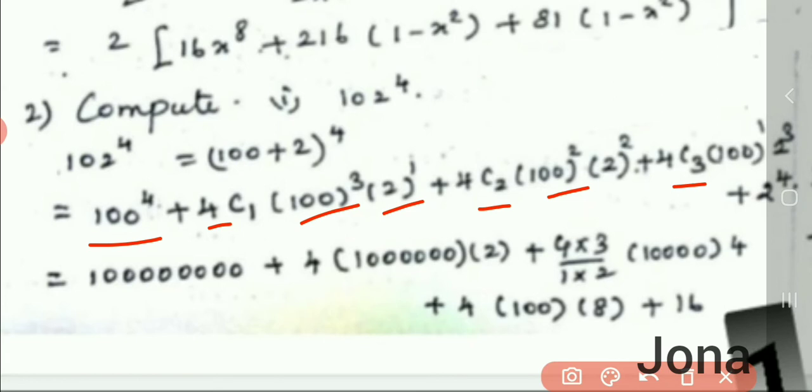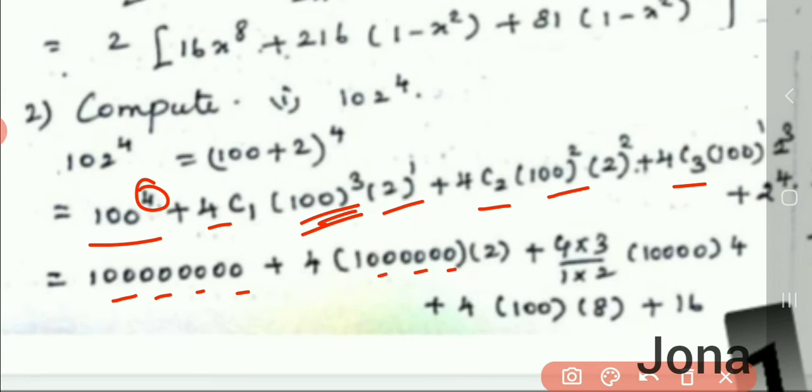Then we want to simplify the terms there. For 100⁴, we have to put 4 pairs of zeros, and here 100³ is there, so 3 pairs of zeros.